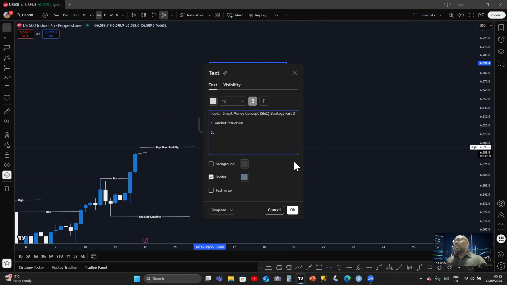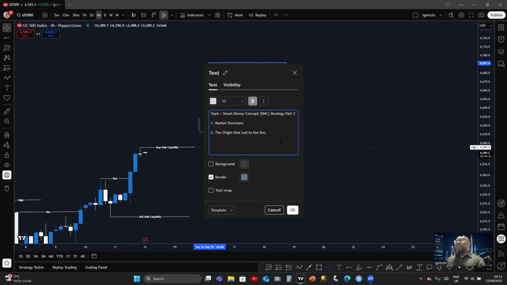And you need to know where the break of structure is. You need to know the origin that led to the BOS, the origin that led to the break of structure.